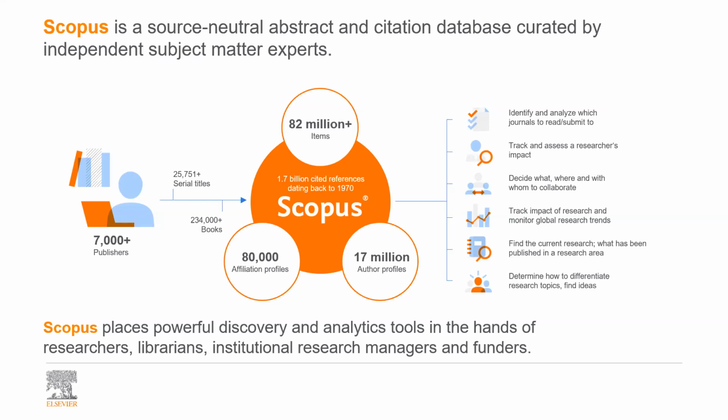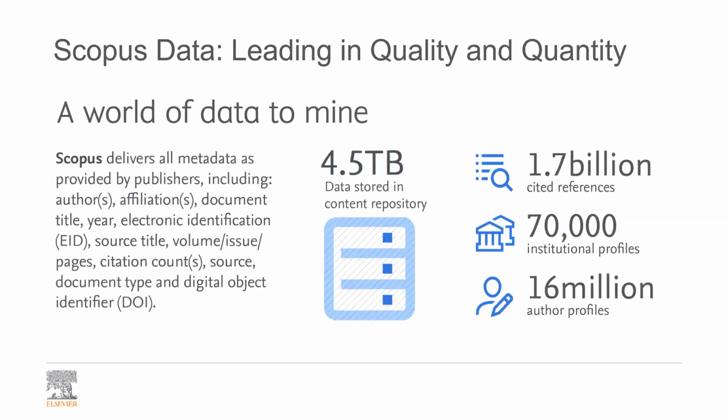One of the most important features in Scopus can help us find the different journals covered by different topics and different fields. Scopus also has more than 4.5 terabytes of data stored in its repository, and all of this data delivers the metadata provided by the publisher, including the authors, the affiliation, the document title, the year, the EID, the source title, the volume number and the issue, the citation counts, and the DOI.